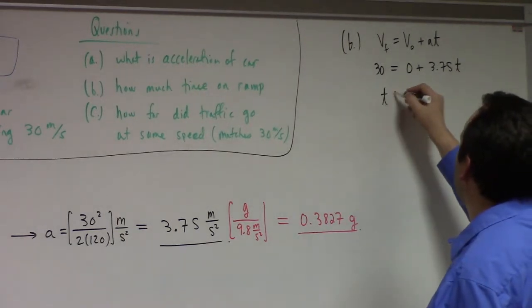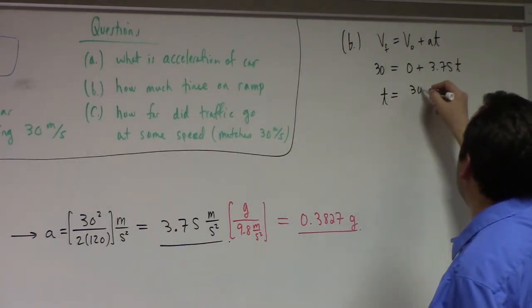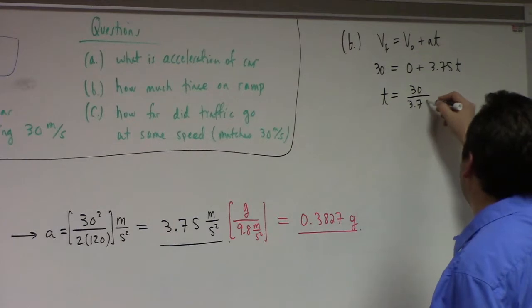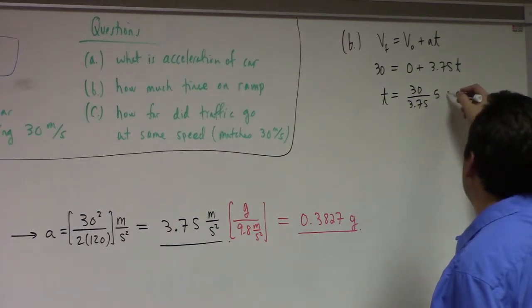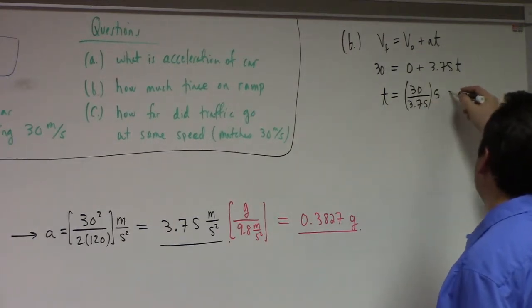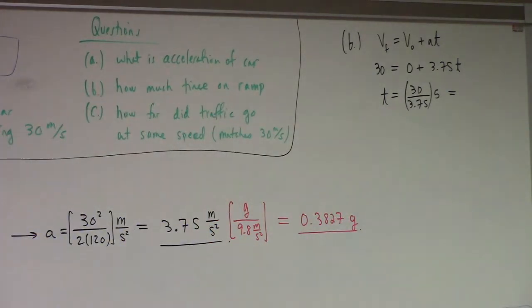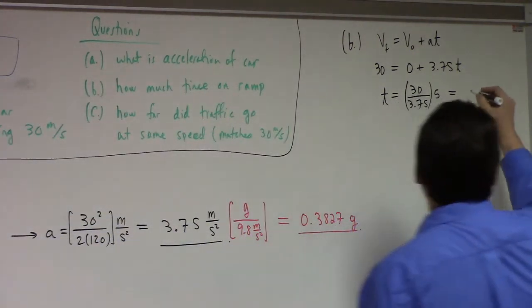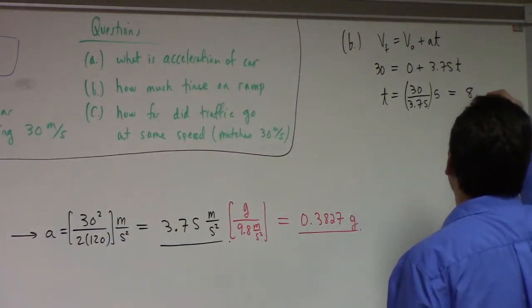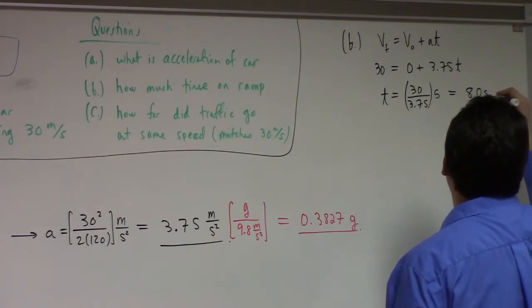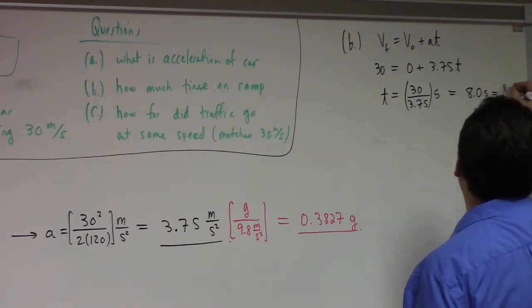So t is equal to 30 divided by 3.75 seconds. My apologies that my seconds and fives look the same. There's no fixing that now. 30 divided by 3.75 is 8.